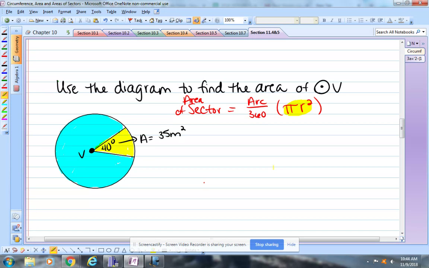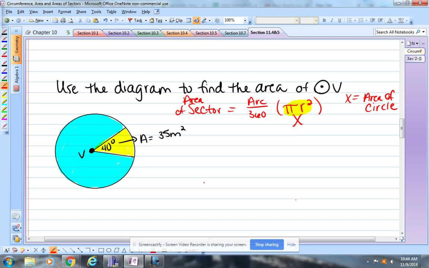Okay. So we're going to call that X. This whole thing right here is the area of the circle, so we're going to call it X. I need a bigger X. So X equals area of the circle, because that's what pi r squared is. Okay? Is everybody with me?